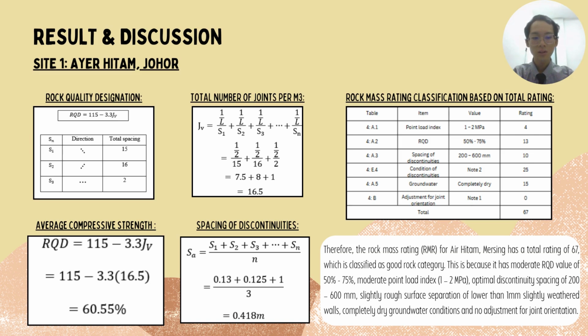This is because it has a high RQD value of 90% to 100%, moderate point load index of 1 to 2 MPa, optimal discontinuity spacing of 0.6 to 2.0 meters, slightly rough surface separation of lower than 1 mm, and slightly weathered walls. It also has completely dry groundwater conditions and no adjustment for joint orientation.